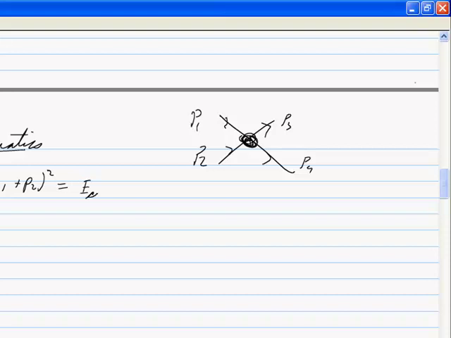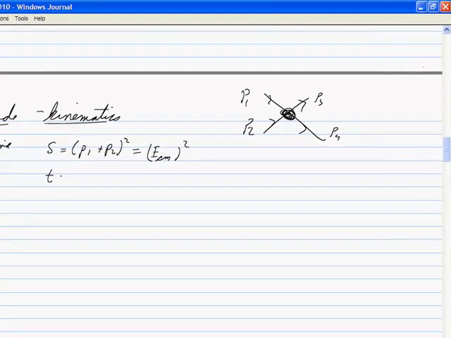That is the center of mass, center of momentum, energy squared. And then the other two variables: T is P1 minus P3 squared. Most often people call that Q squared.